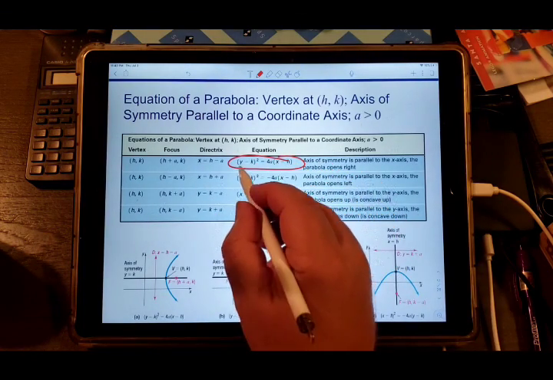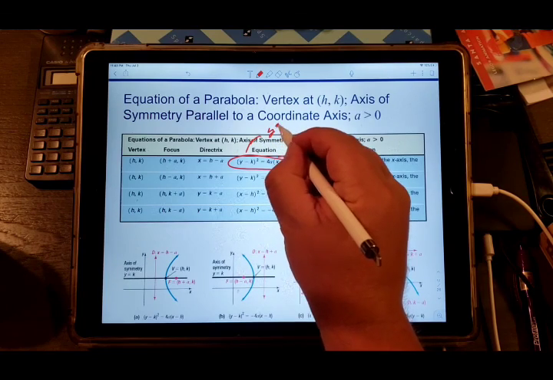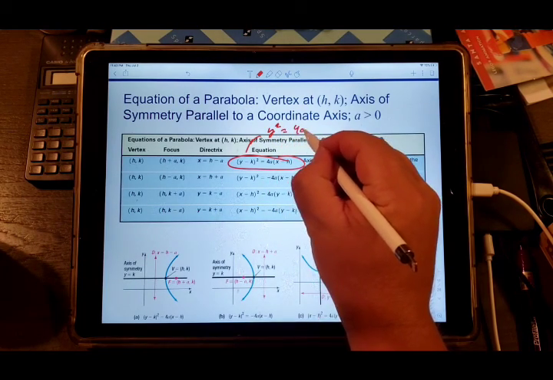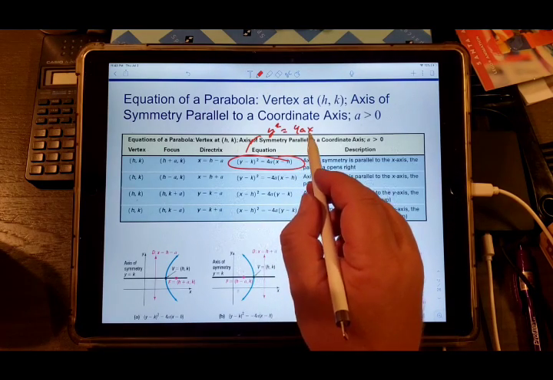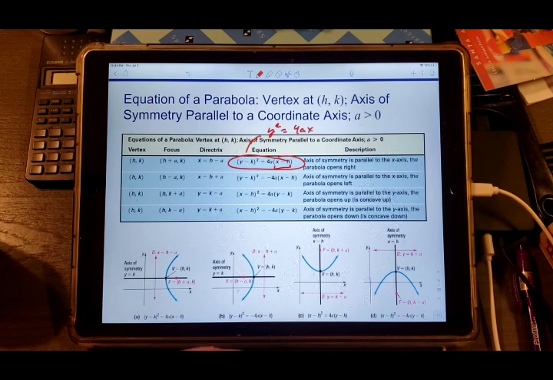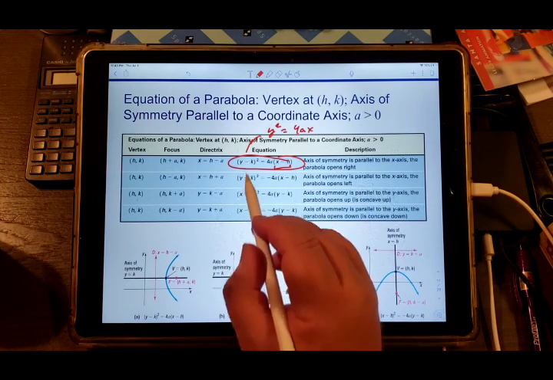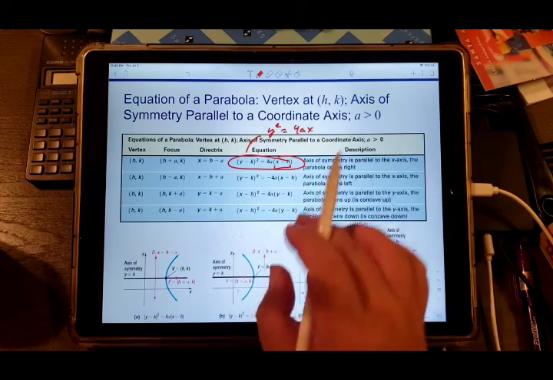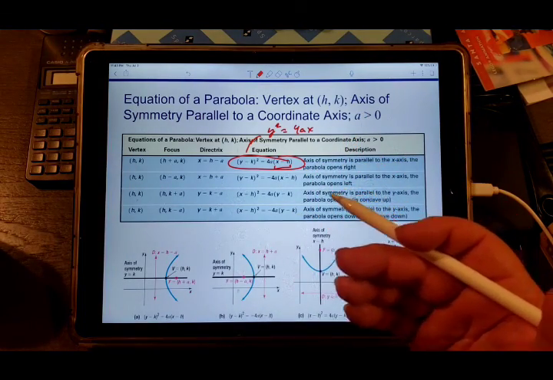If I replace y squared in the previous page equals 4ax, what am I going to do? Well, of course, I'm going to replace x with x minus h. That's what we do when we want to see a translation or a shift of a graph. And I'm going to replace y with y minus k. That would be a vertical shift, just like we learned in the circle, not in this section, but in other sections.